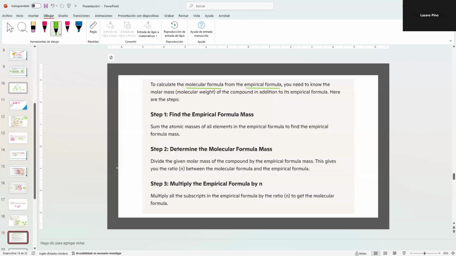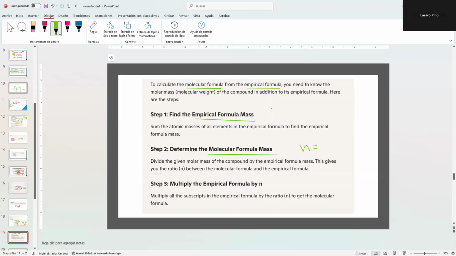Well, if you have the empirical formula mass, and in a certain way you get the molecular formula mass, how can you calculate the molecular formula? Well, you divide the molecular formula mass by the empirical formula mass, and you get N. And then you multiply N by every atom in the empirical formula.